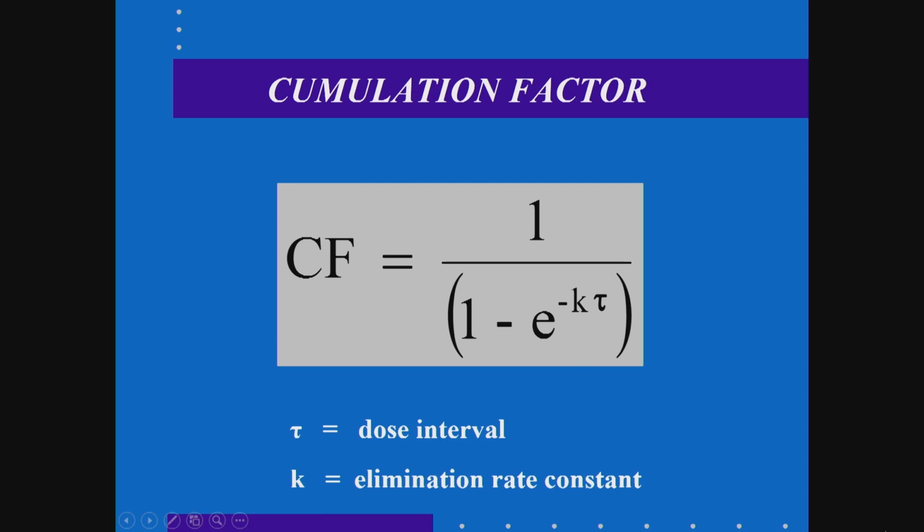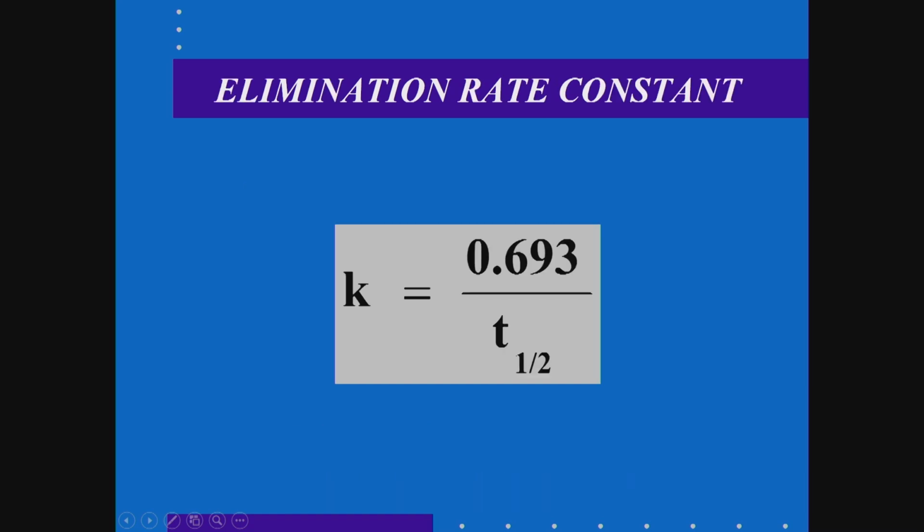Now, you can find the derivation of this and other equations in your textbook. And once again, the elimination rate constant is estimated as the natural logarithm of 2 divided by the elimination half-life.